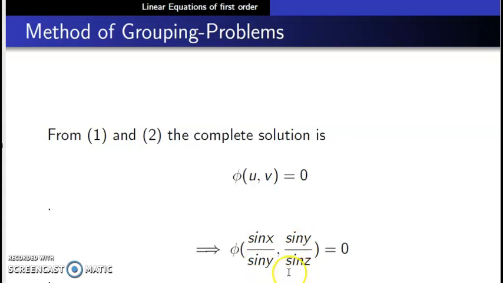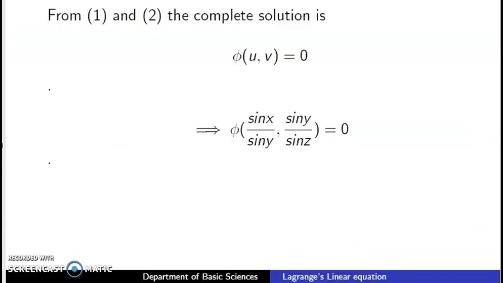They are independent also. We cannot express one in terms of another. So from 1 and 2, the complete solution is phi of u comma v is equal to 0. So we can write phi of sin x by sin y comma sin y by sin z is equal to 0. So this is the solution of our given partial differential equation.